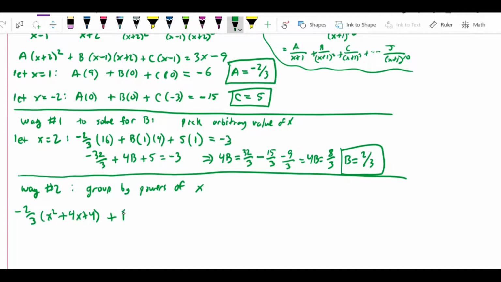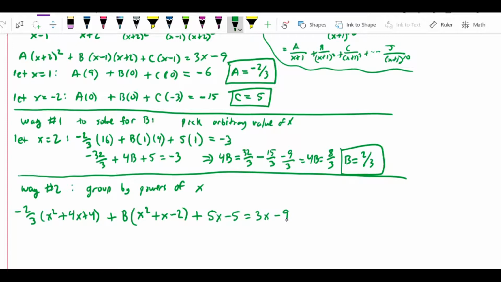And then, I don't know what b is yet. I solved for it there, but I'm pretending that I didn't because I'm showing you a completely different way of solving for it. x minus 1 times x plus 2 multiplies out to x squared plus x minus 2. And then c, we know c is 5, so 5 times x minus 1 is 5x minus 5, and that equals 3x minus 9.